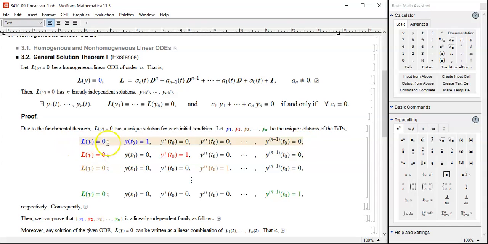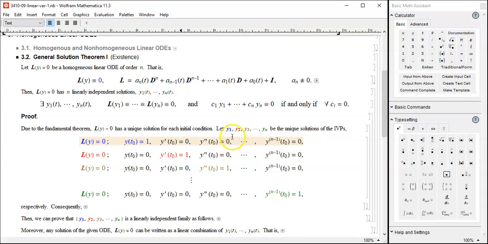Same equation, ODE part is the same, L of y equal to 0. And then how about the initial condition here? Y of t0 is 1, and then the first derivative, the second derivative, all those derivatives are 0 when evaluated at a certain point t0. This is an IVP for a linear ODE, so we have a unique solution.